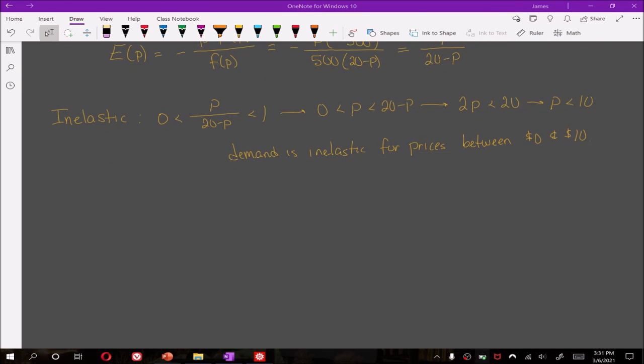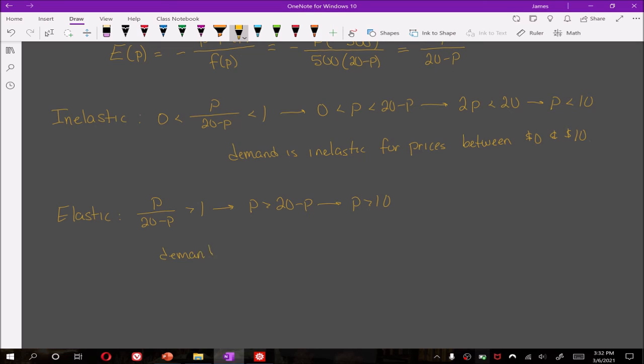For elastic, remember, we want elasticity of demand to be greater than 1. This means that p is larger than 20 minus p. And using a similar argument above, we find that p is greater than 10.